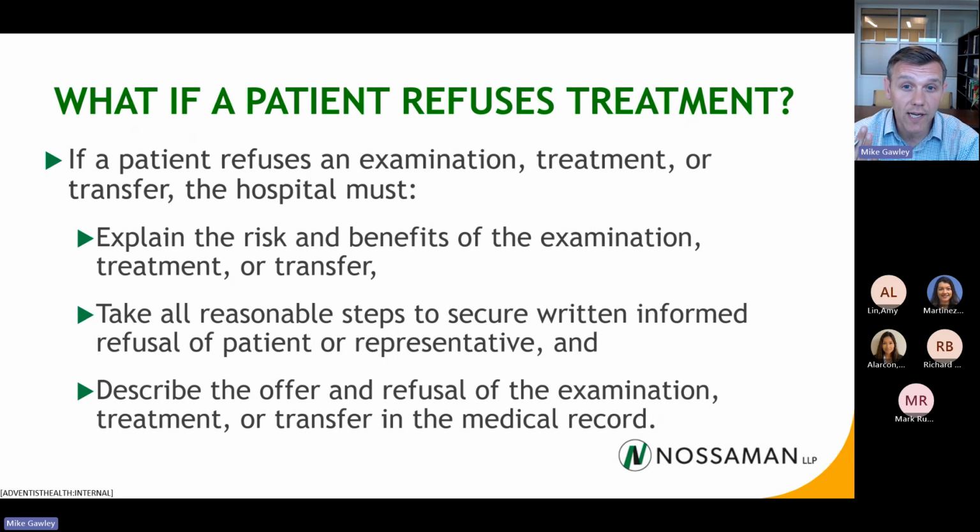You have to take all reasonable steps to get something in writing that the patient has refused what you're proposing. You don't have to go through Herculean efforts, but you've got to try to get the patient to sign something acknowledging that they're refusing treatment. And then you've got to describe the offer for treatment, the proposed treatment, the refusal, and the attempts to get something in writing in the medical record.